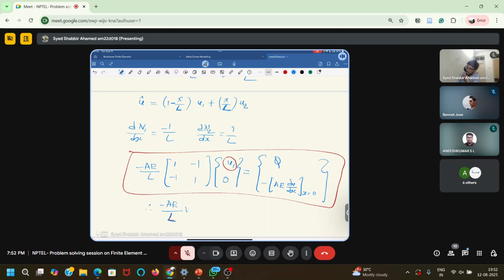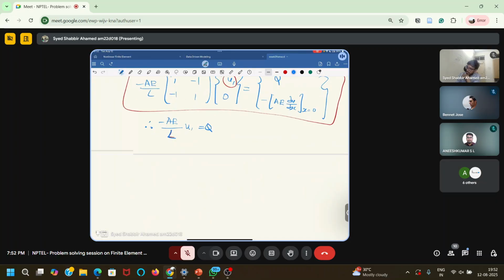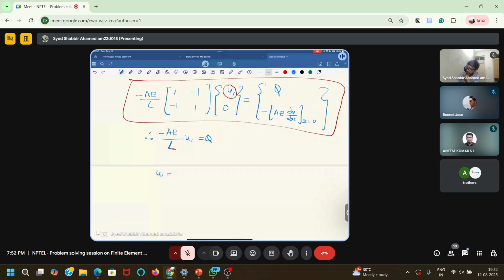That is the advantage of using these approximate methods, or eventually the finite element method. That has also been discussed this week, but we will look at it in a very detailed manner in the next class. So u1 is equal to minus ql by ae.